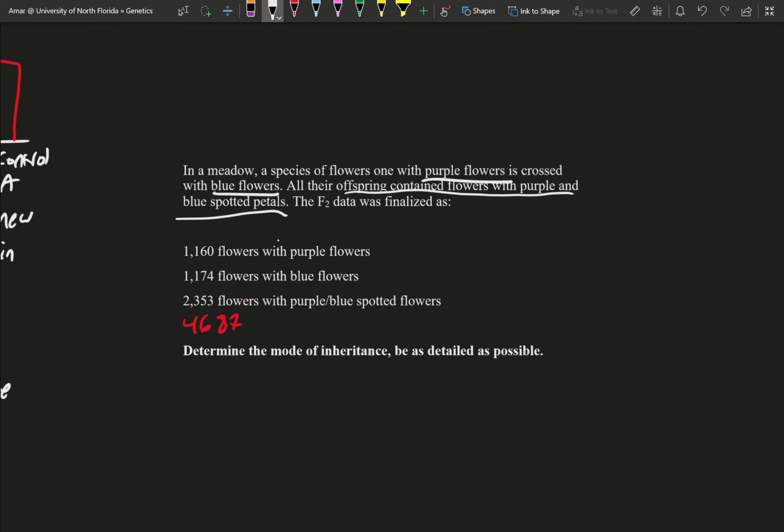Then when you cross these together again, you're getting F2 data, which has some purple, some blue, and some purple and blue. So just by looking at the phenotype descriptions, you can already see that there's a different phenotype right here, which has purple and blue, which is a hint that this is codominance.